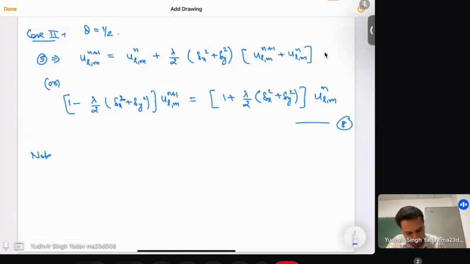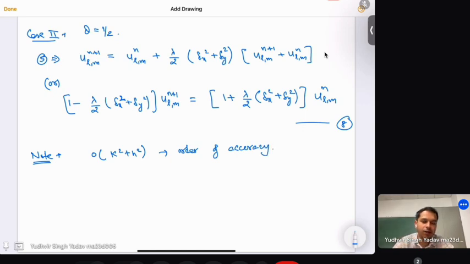Again, we can take a note here, as in the previous case for the one-dimensional heat equation, that the order of accuracy for this will be k square plus h square. It can be found simply by expanding these terms using the Taylor series expansion.